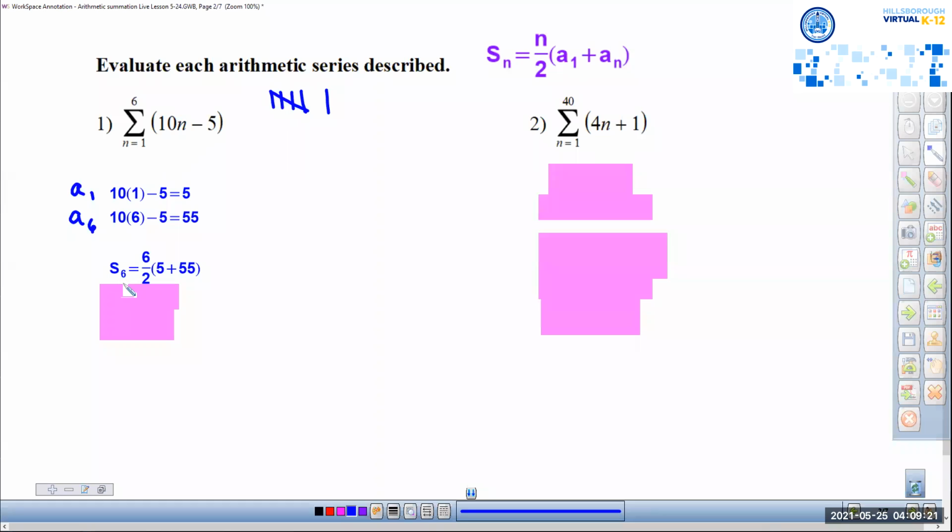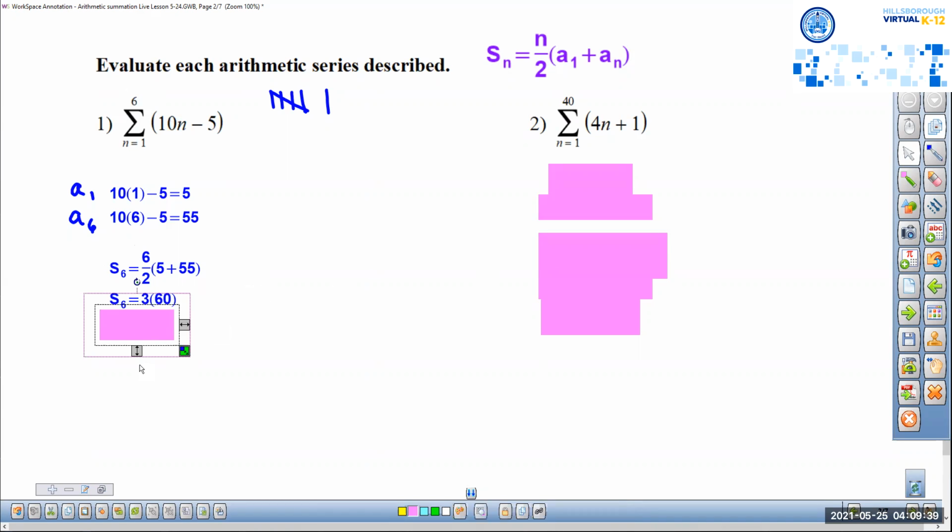So S sub 6, because that is the sum of all 6 terms. So 6 divided by 2, the first term is 5, the last term is 55. So 5 and 55 is 60, and 6 divided by 2 is 3, and 3 times 60 is 180.